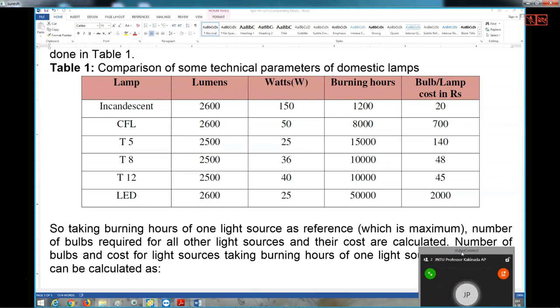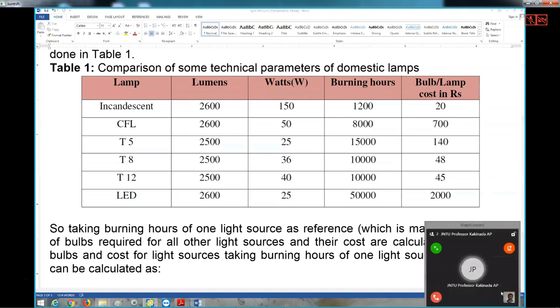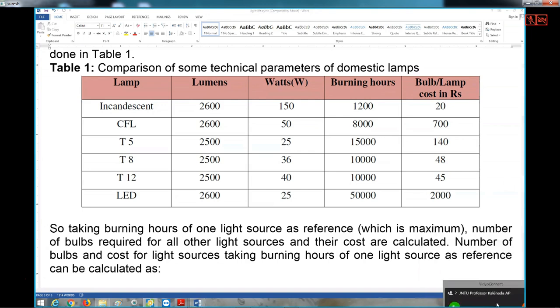Even though the initial investment seems somewhat high, coming to the running period, the power consumption is only 25 watts, so it gives a lower energy bill. Likewise, we can replace the olden days technology with the present new technology. So we can reduce the total energy consumption and thereby have a lower bill.